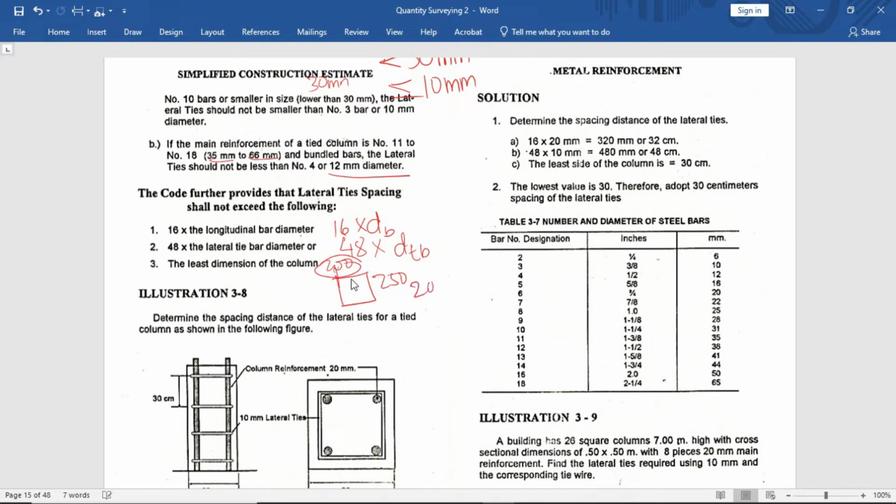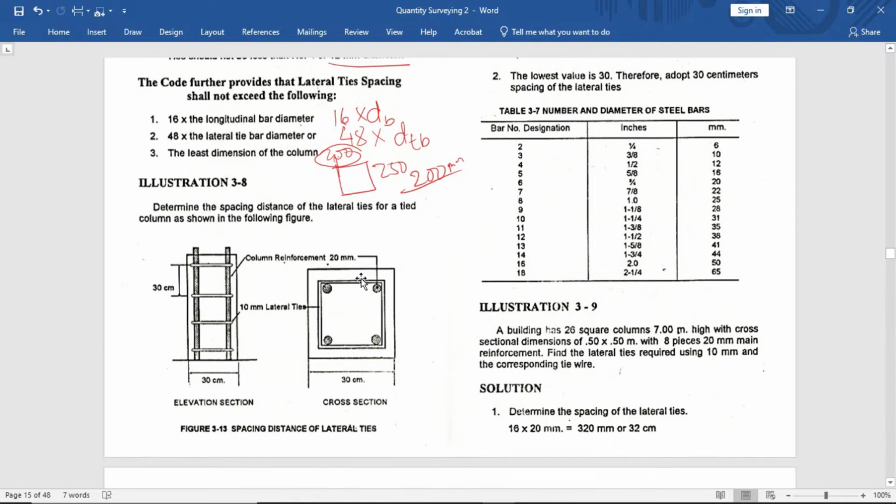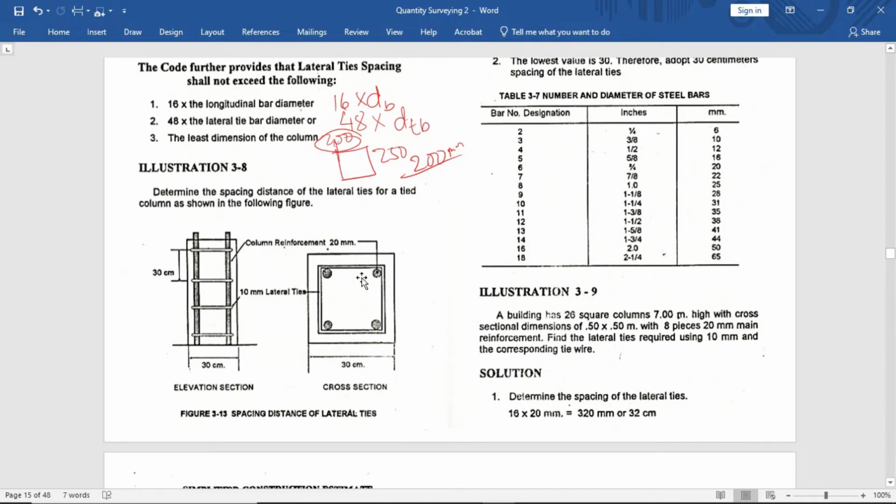So, less than or equal naman is 200 mm. So, ganun. So, proceed na tayo sa example. So, illustration 3-8, determine the spacing distance of the lateral ties for a tied column as shown in the following figure.